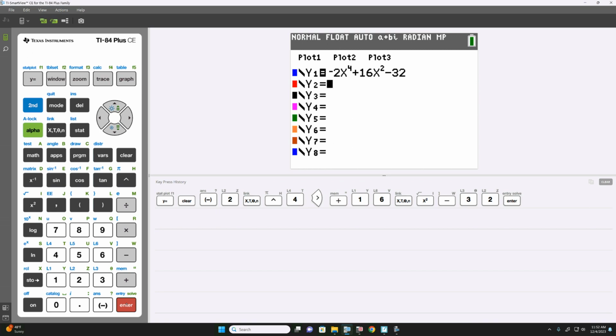Plus 16x squared minus 32. We're able to type it in. We're able to get the 4 power.